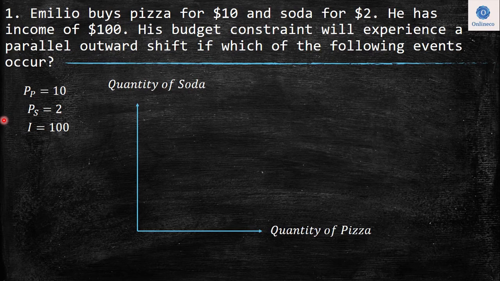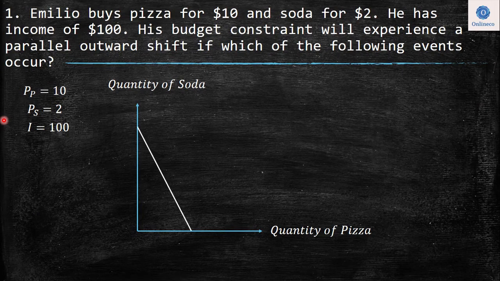So we're going to label them as the quantity of soda and the quantity of pizza. If you wonder why I put them in that order, it doesn't matter. You can just change them, it's the same.